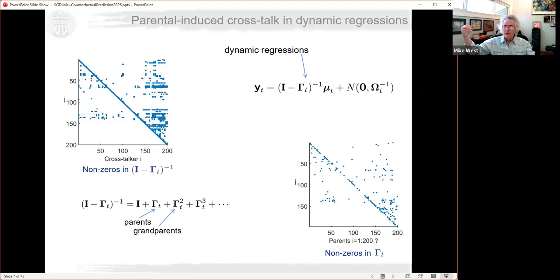And how you point predict, I forgot the bank I named, the grandparent, how well you predict the grandparent feeds through to the grandchild. Typically, as you go to higher generations, these terms go to zero. The powers of gamma go to zero, and we can talk more about the mathematics and why.